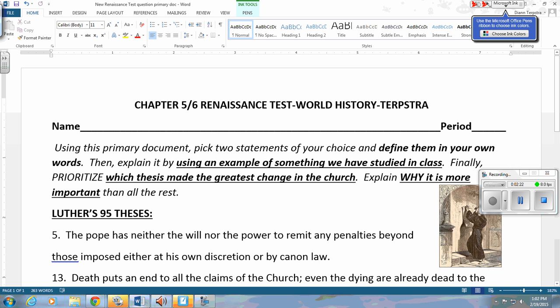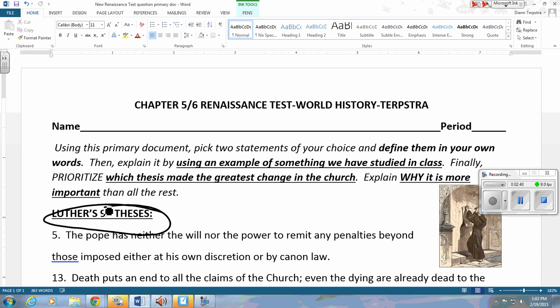This is actually a copy of the written portion of the test. We are going to be basically measuring, can you interpret a primary document? And that document is Luther's 95 Theses that you see right here. Remember, he pinned a big document that had 95 points on them about the things he didn't like about the Catholic Church. So here's what you're going to do.